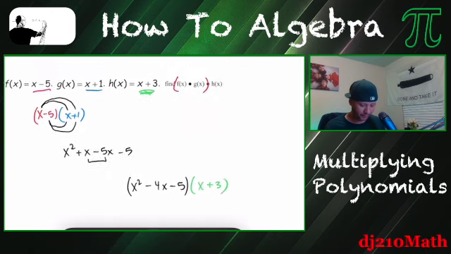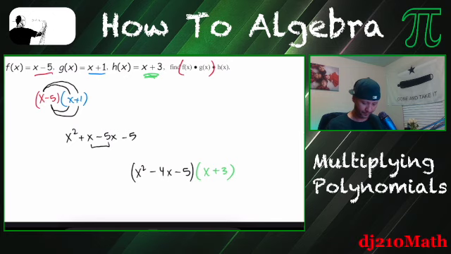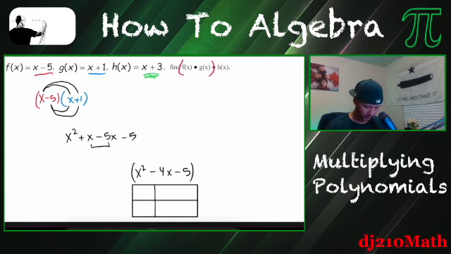Everything in the first one is going to get multiplied to everything in the second one. You could use the box method also if you wanted. Let's just do the box method just for fun. X plus 3. So you see what I'm saying? It takes a while to, well, on pen and paper, you could have drawn the box already, actually. All right, so this is going to be x plus 3.